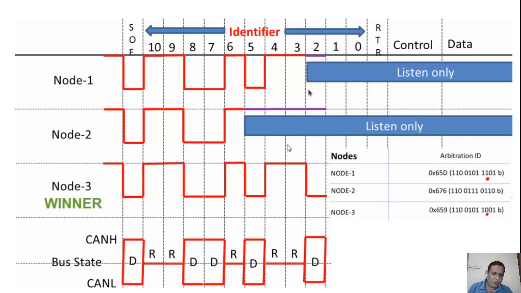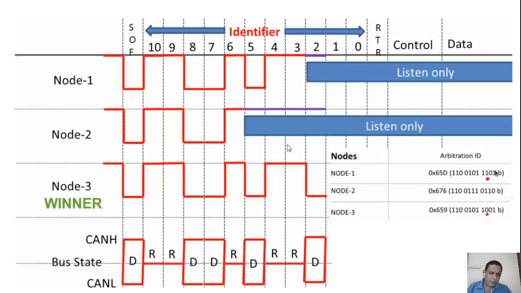Node 1 loses its access because it is sending a 1, and here node 3 is sending a 0. 0 is lower than 1, so this one is sending 1 and this one is sending 0, and as it is sending 0, the bus will be dominant. From here onwards node 1 will be listen only. So from this point onwards, node 3 is the winner. Node 3 will get access to the bus.